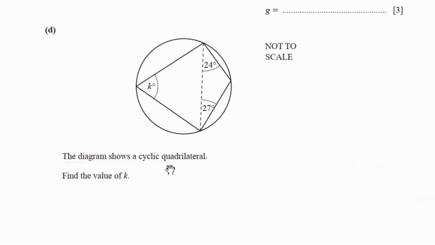Part D says the diagram shows a cyclic quadrilateral. Find the value of K. So remember, in a cyclic quadrilateral, all the vertices are supposed to touch the circumference of the circle.